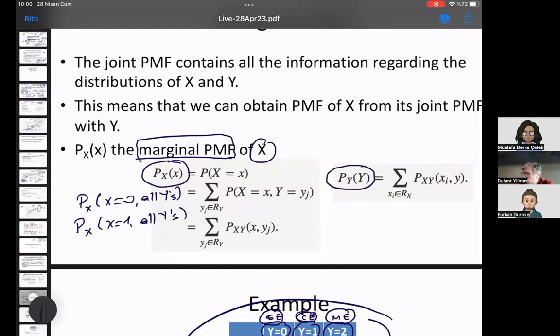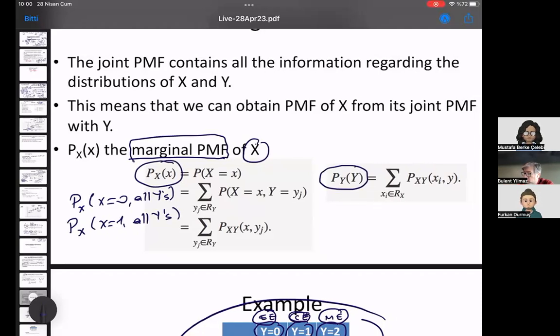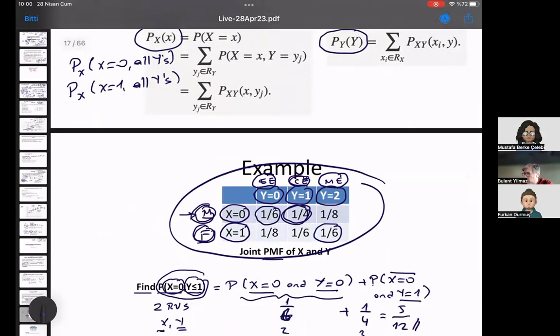Okay, so normally I might have a PMF of X, but if I have joint PMFs, joint probabilities, then I may focus on only one of the random variables. For example, I will focus on only this one, probability of X equals 0. So for this joint PMF, what should I do? I'm going to add this plus this plus this, right?